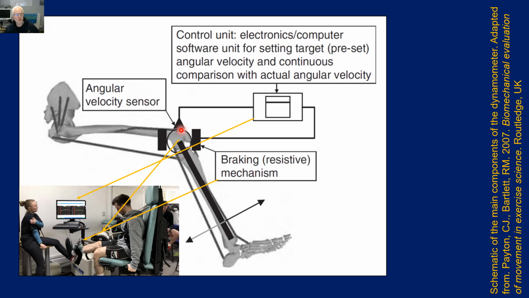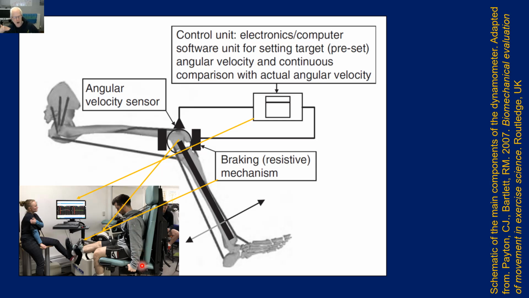The angular velocity will still remain at 60 degrees per second, but it's in essence trying to match it. So we're matching on angular velocity once we get up to acceleration, and then the braking force that the dynamometer applies is matched to the force which is applied through the dynamometer arm. And that is the condition of being isokinetic.